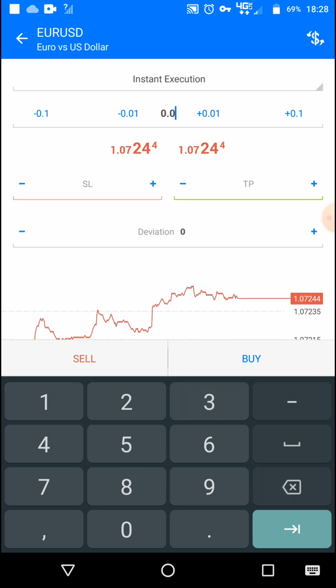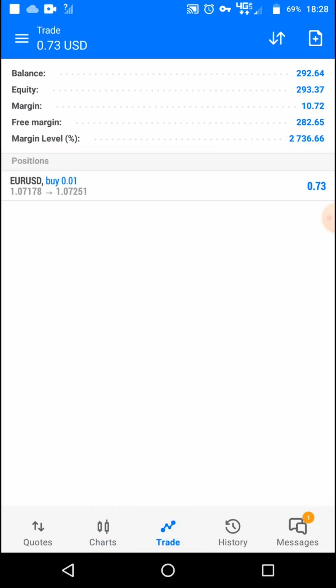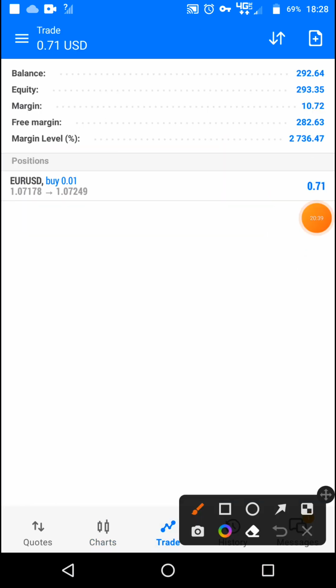So in my trade over here, you see that I used 0.01 lot size, that is 10 cents, to make that trade. That means each one pip will give me 10 cents, whether I'm losing or gaining.